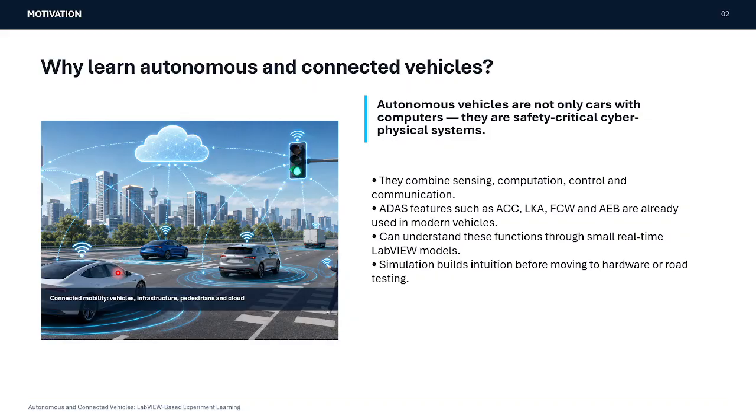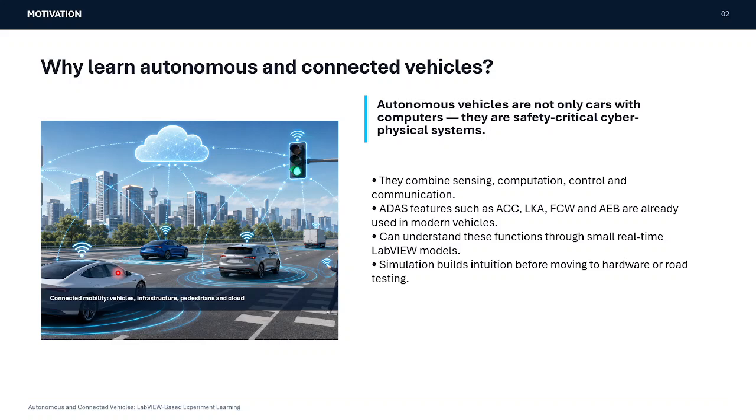Now, first, why learn the autonomous and connected vehicle? Everyone knows the electric vehicle is booming nowadays. Everywhere you go, the electric vehicle is there. Everyone purchases electric vehicles, two-wheelers or four-wheelers. Then, in the next generation and future, they are introducing the autonomous connected vehicle.